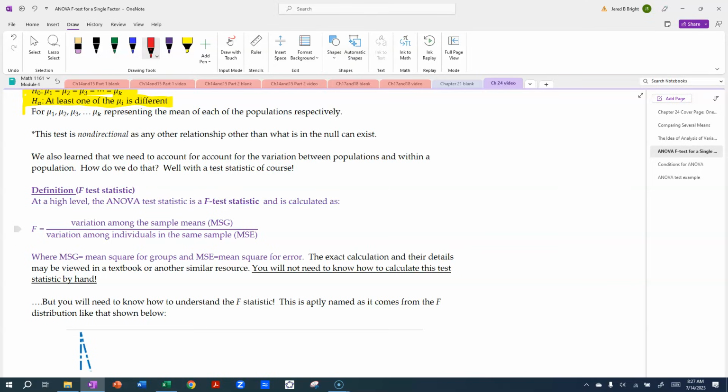We call this the mean square for error, MSE. So it's taking MSG, not to be confused with let's send food, divided by MSE.